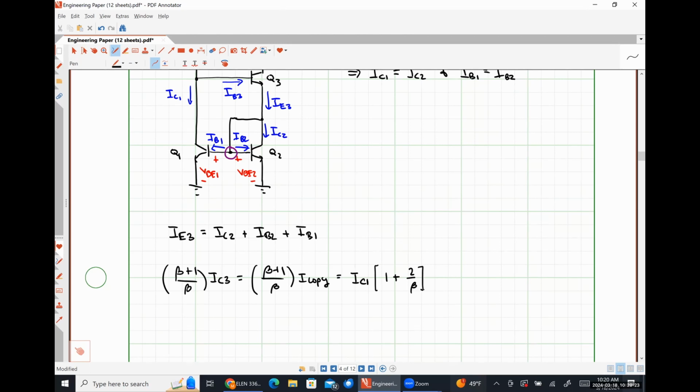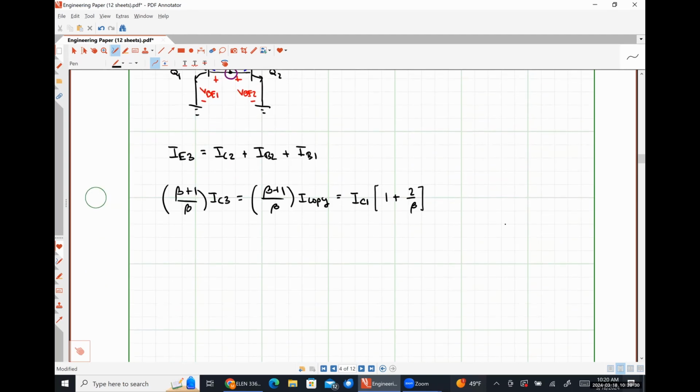All right. And so now from this, I can do a little bit of rearranging. And I could say that IC1 is I copy times beta plus 1 over beta times, let me expand this out just a smidge here.